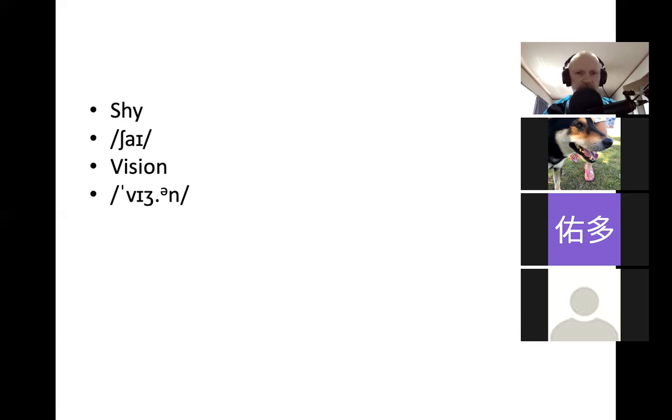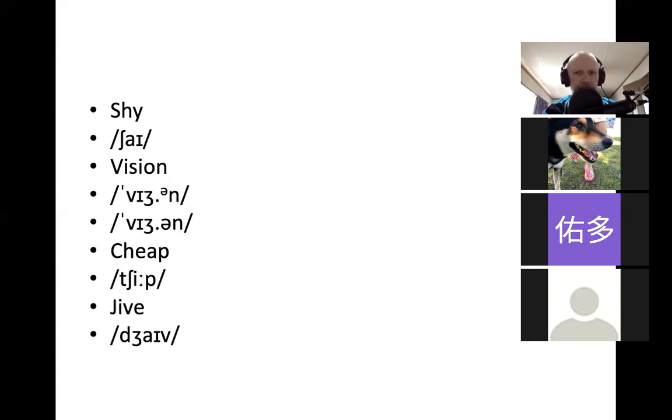So it's a very, very small sound. I suppose what's the difference here? The second one you can actually hear, whereas the first one is very, very short. Kind of difficult to hear, but don't worry too much. Cheap. How do you write that? Think about that one. It's jive.